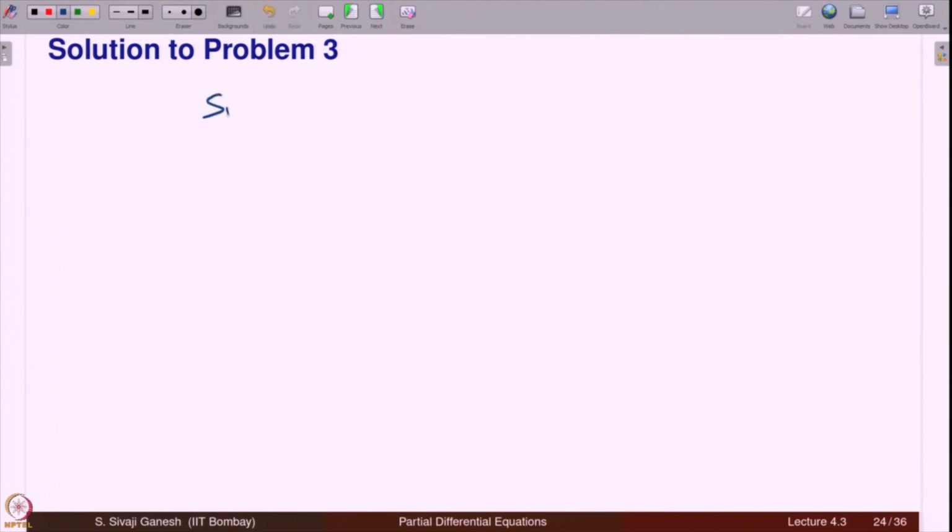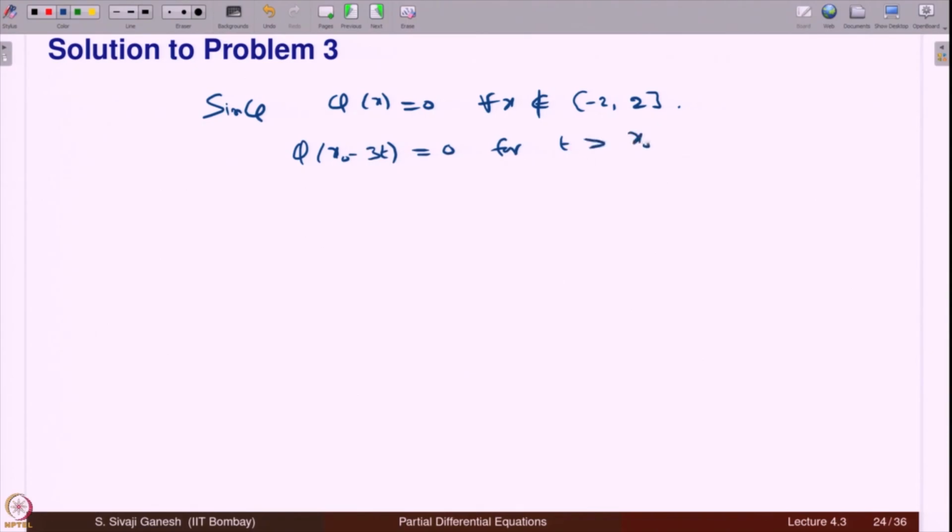So, since phi of x equal to 0 for all x which do not belong to minus 2 comma 2, phi of x naught minus 3 t will become 0 for t bigger than x naught plus 2 by 3. In other words, I am asking when x naught minus 3 t will become less than minus 2. Similarly, x naught plus 3 t, when will that become greater than 2?